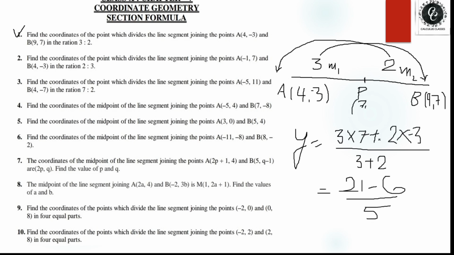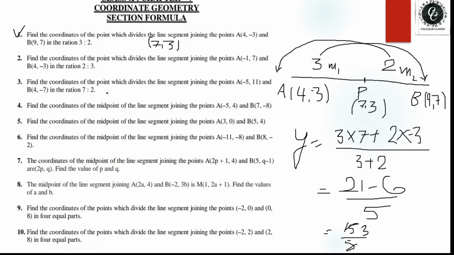So what will come here? 15. 21 minus 6 is 15, upon 5, cancelled. The answer of this question, the point, will be 7 comma 3. I hope you understood well.